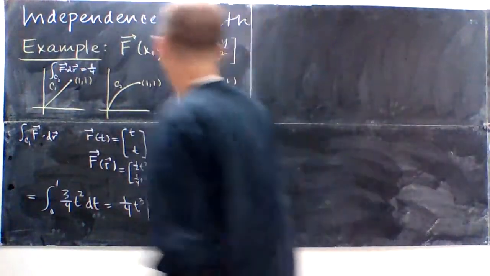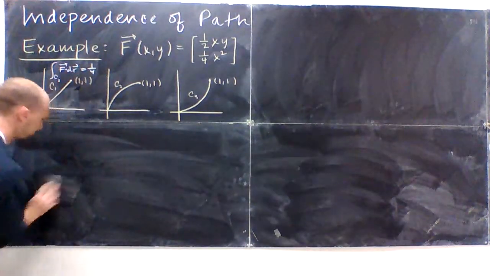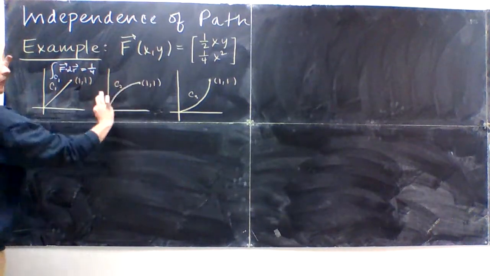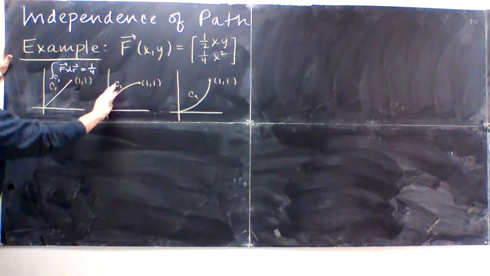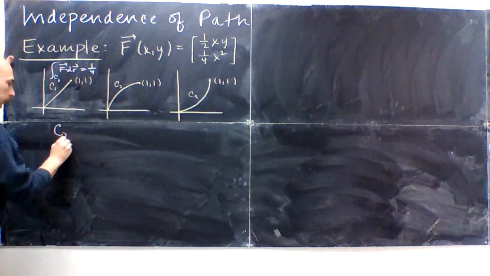All right, so now for C2, maybe I'll organize this a little better. Now I'm interested in computing the integral of this vector field over this path. So I'm going to parameterize first.